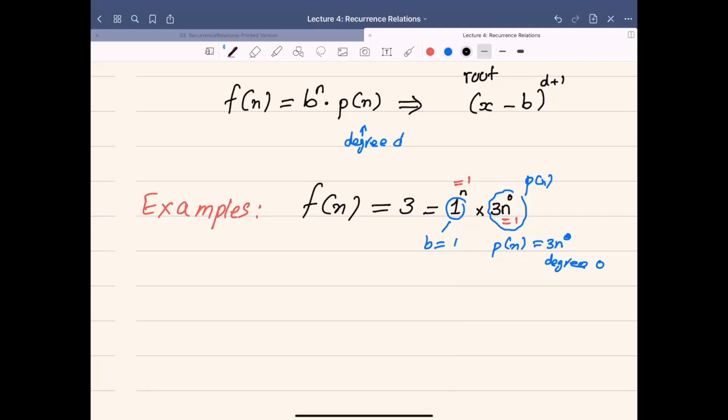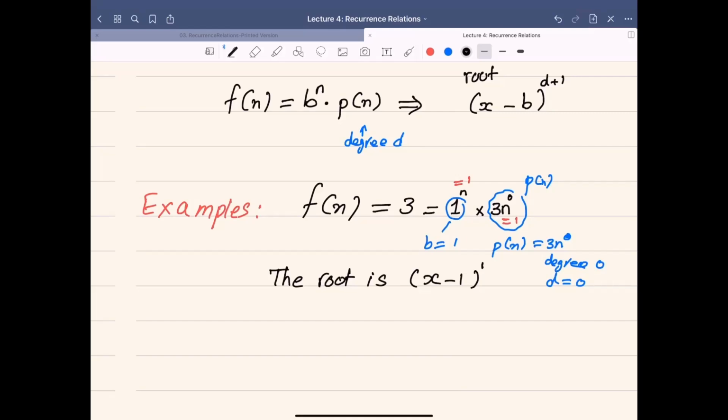The root is, you open a bracket, it will be (x minus b) raised to power d plus 1. So b is 1, so it will be x minus 1, and d is the degree, 0. So here I should write that degree is 0, so d is equal to 0. Then this root will be raised to power 1, so the root for 3 is x minus 1.